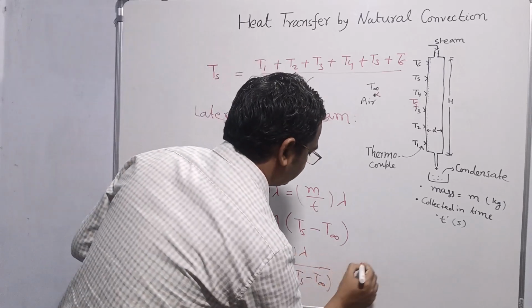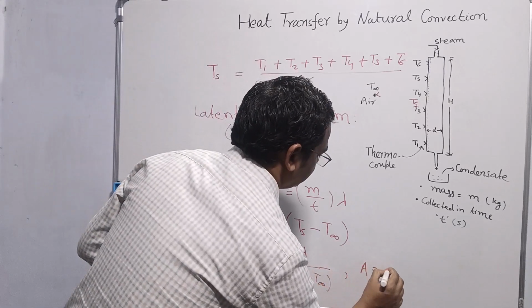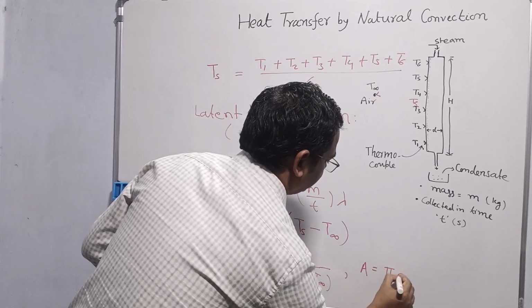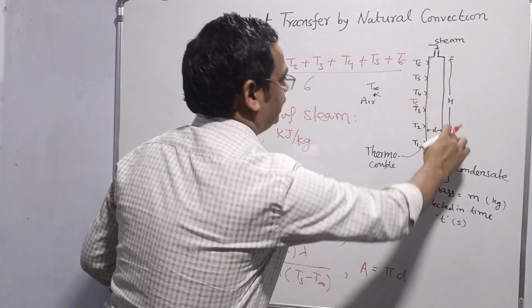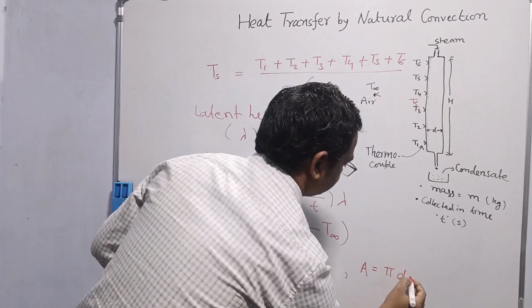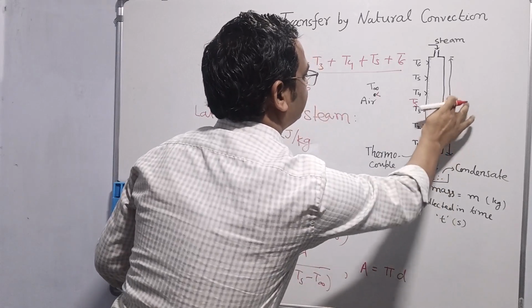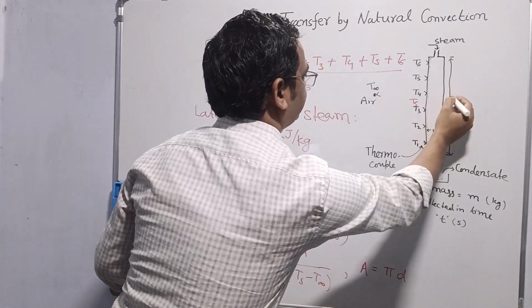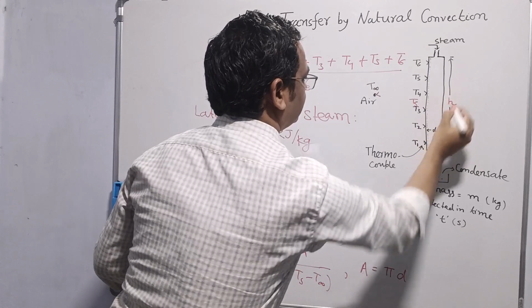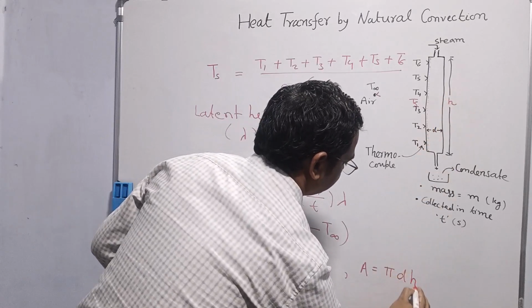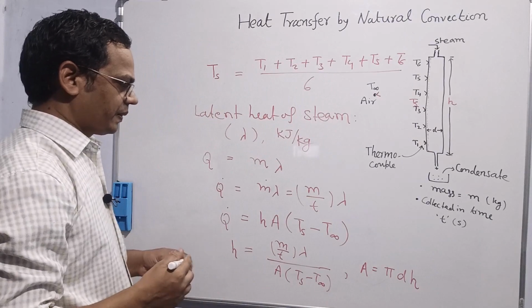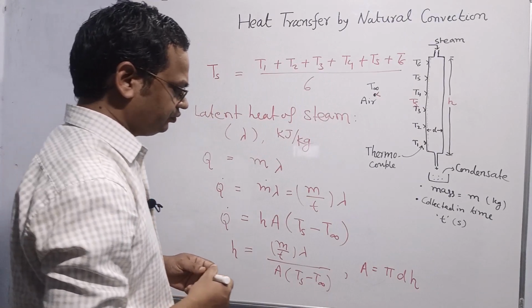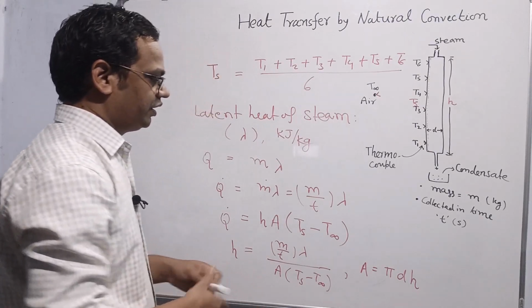Area is surface area, pi d into length. Length is h. I'll write small h. Pi d h.